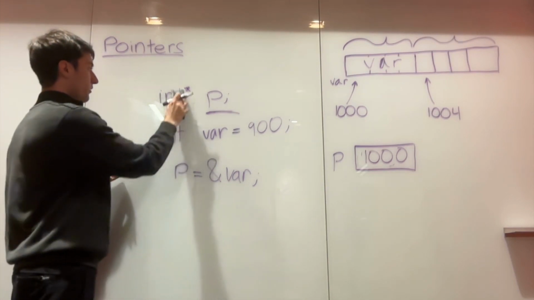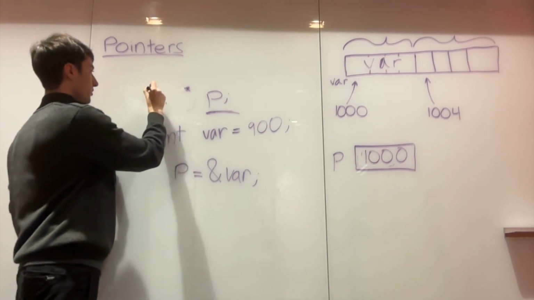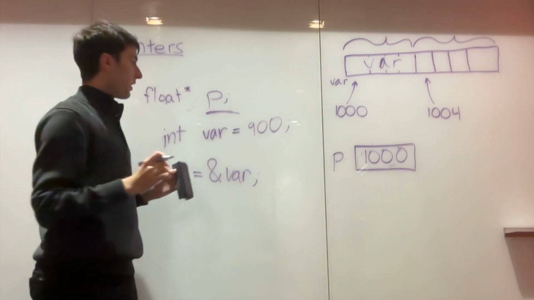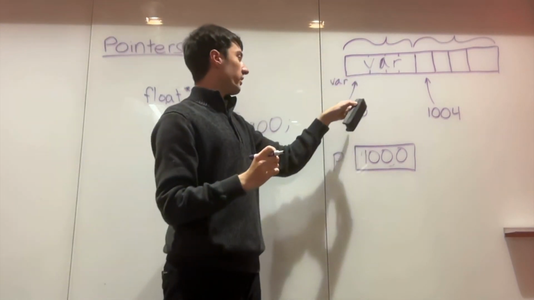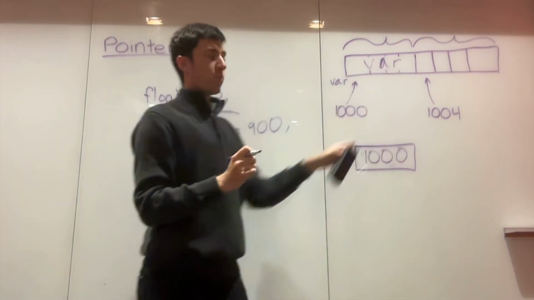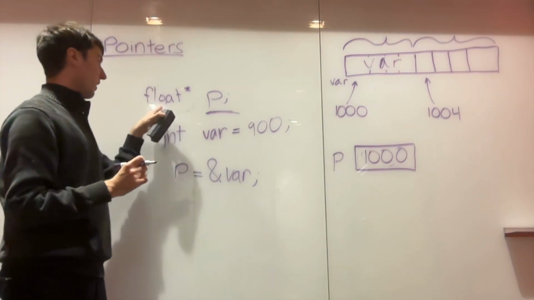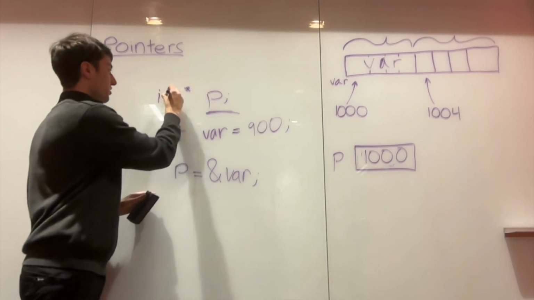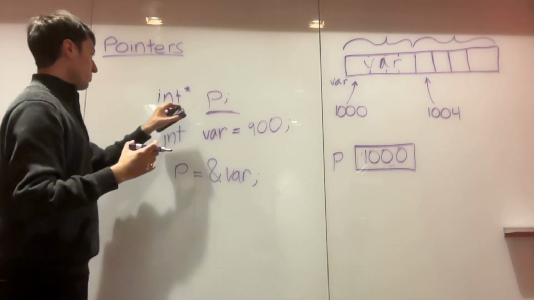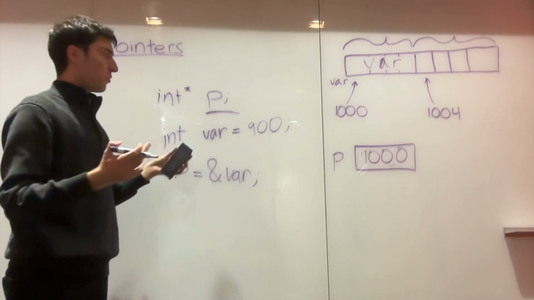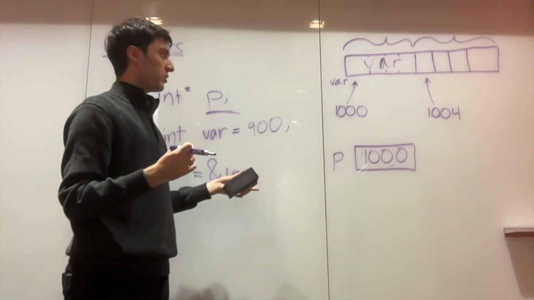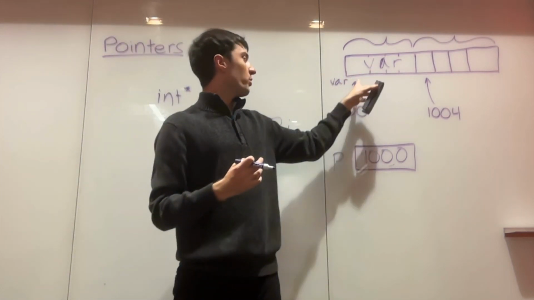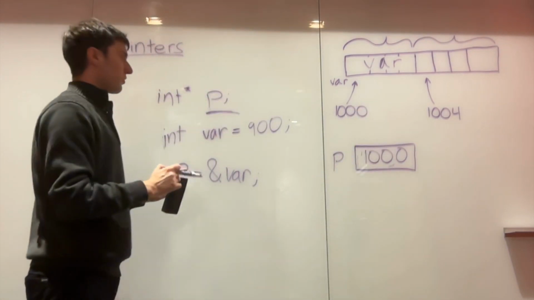We could have said float star, okay? And then this one would not be an integer. It would have to be a float, okay? But it's just easier if we have int right here because we need to choose something. So we said that we want the variable which is going to be stored in a memory location that we're going to point to, we want it to be an integer.